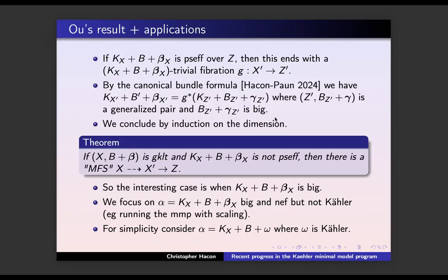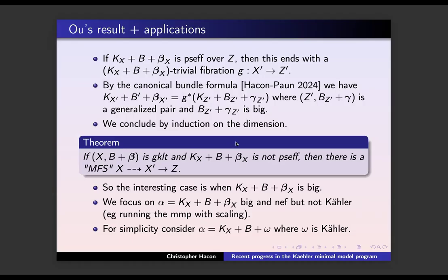So, in fact, proceeding along these lines, you can show that if (X, B plus beta) is generalized KLT and K_X plus B plus beta_X is not pseudo-effective, then eventually you end up with a Mori fiber space. So you have a sort of unconditional result in all dimensions.